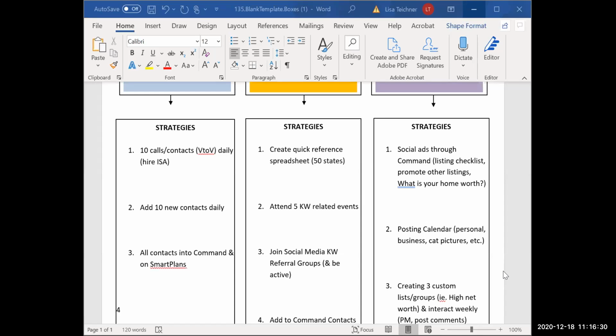Just go into that database and type in what topic, like lead gen or follow up, and there's a ton of plans created by other agents. You can even see how many agents around the country are using them. If there's a smart plan that 1,000 or 3,000 agents are using, it's probably pretty good. Then you can adapt it to make it your own or just use it. I just wanted to point that out.